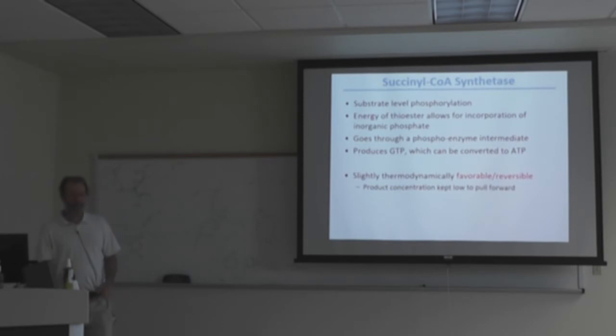Do you guys remember there were two reactions where you have substrate level phosphorylation in glycolysis, right? Pyruvate kinase, if you remember, takes phosphoenolpyruvate. That phosphate from phosphoenolpyruvate gets transferred to ADP to make ATP, substrate level phosphorylation.